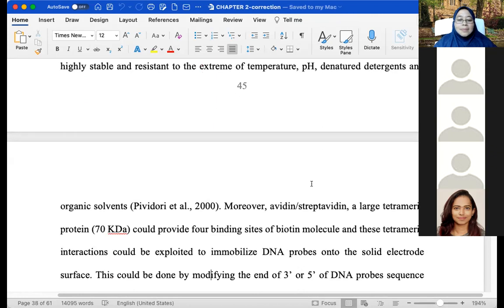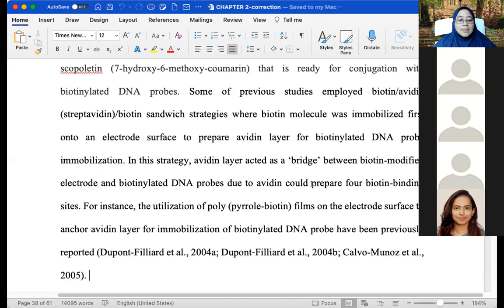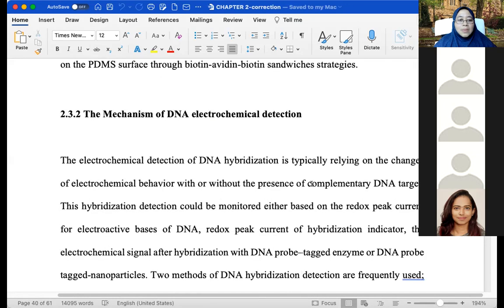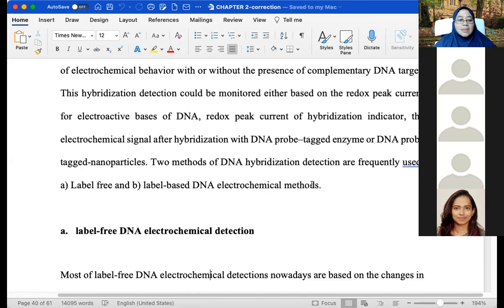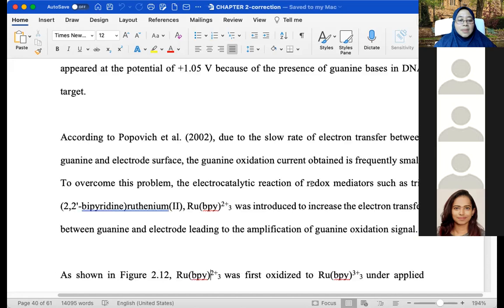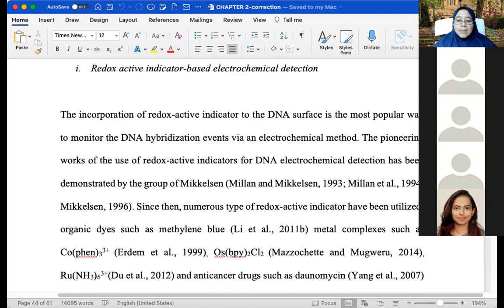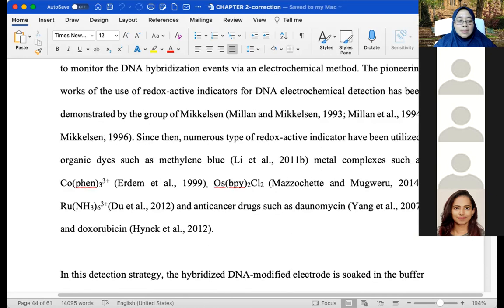I think there are around how many pages. Let's just scroll down. You can see we talk about mechanism until the end. Let's move faster.